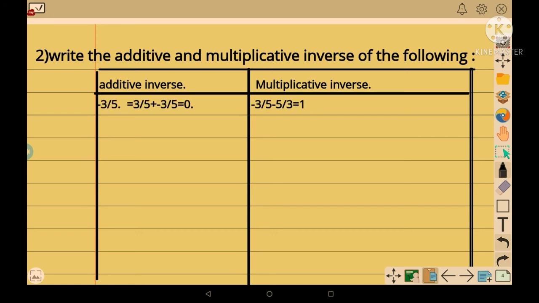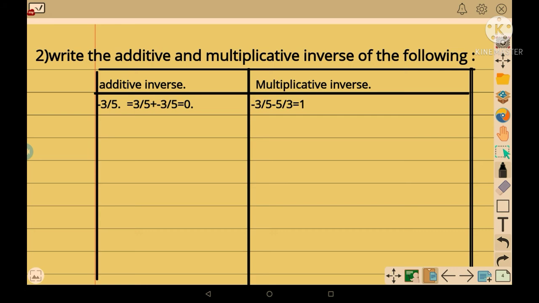Here our first one is minus 3 by 5, and we should write the additive inverse and multiplicative inverse of the following. Okay, so in additive inverse we'll get 0 every time, and in multiplicative inverse we will get 1 every time.